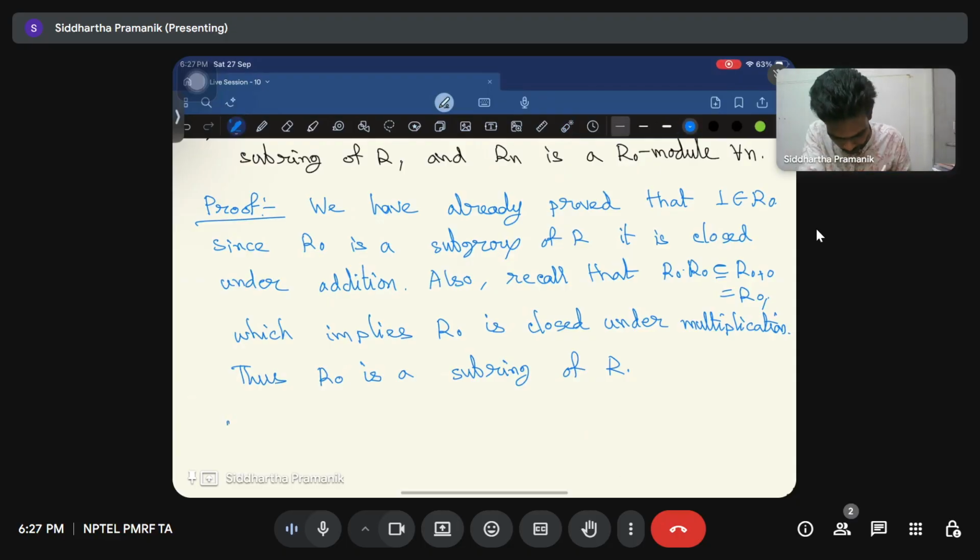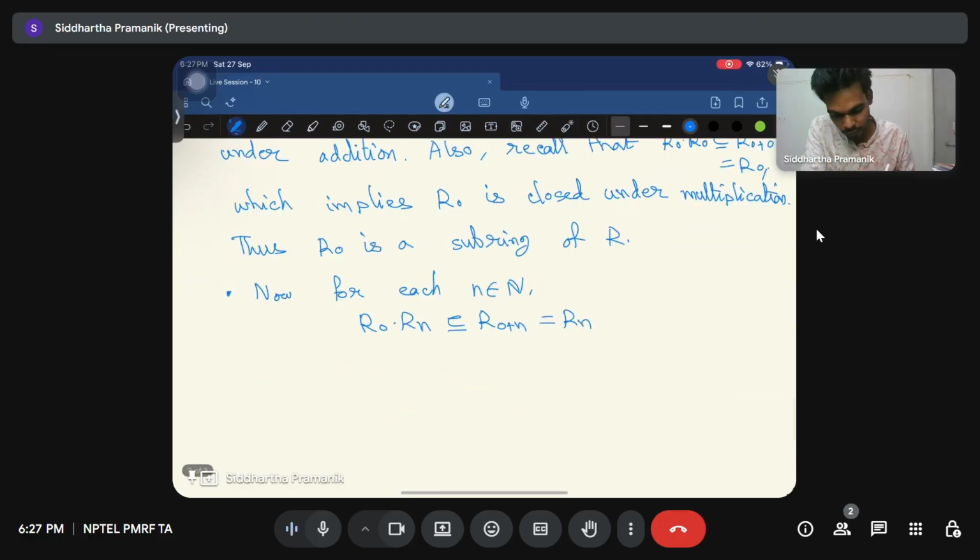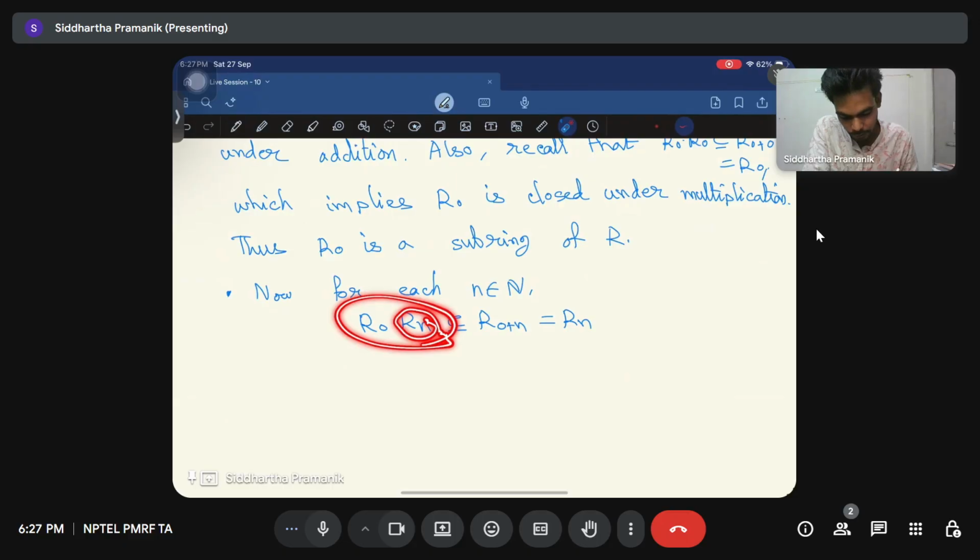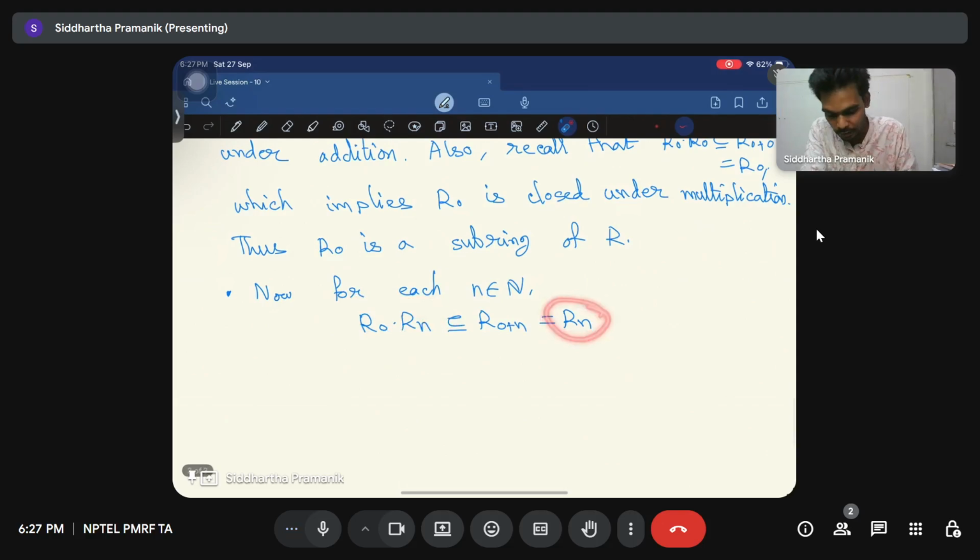And for the second part, for each n belonging to N, if we take an element from R naught and multiply with an element of Rn, it has to be a subset of R0 plus n, which is basically Rn. This is just the scalar multiplication of elements of Rn with elements of R naught, and again we are landing in Rn.